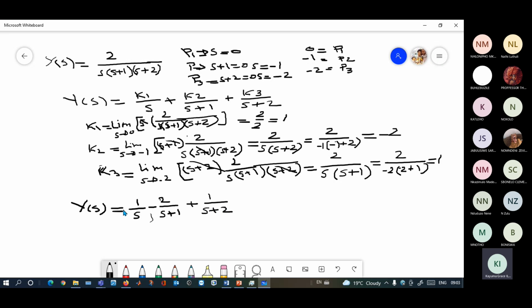This becomes easy now if we apply the inverse Laplace transform here, and then apply the inverse Laplace transform again there.